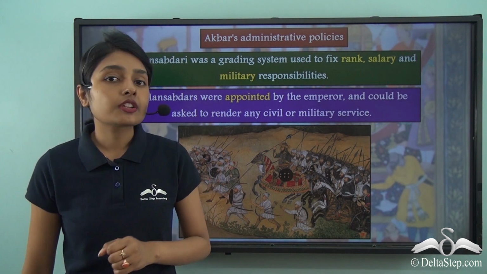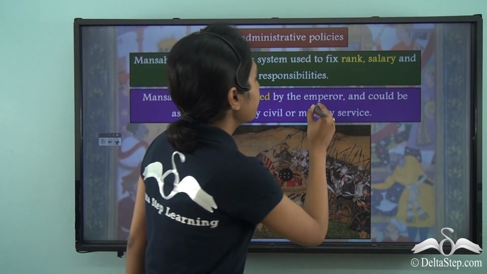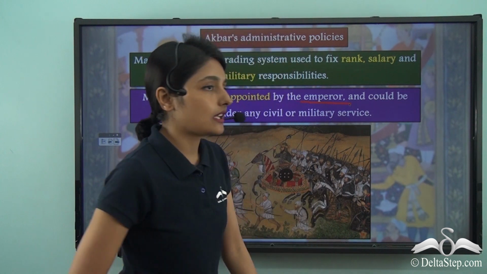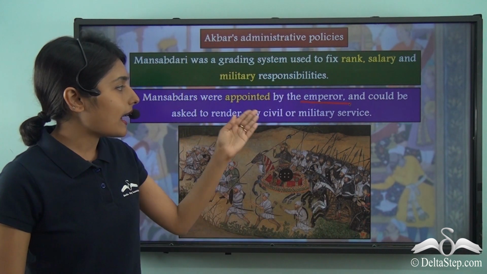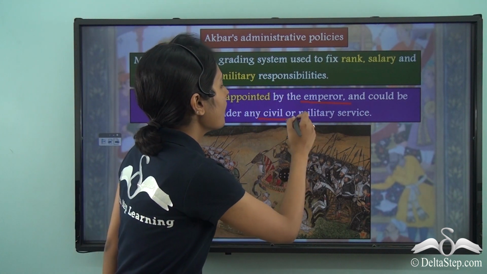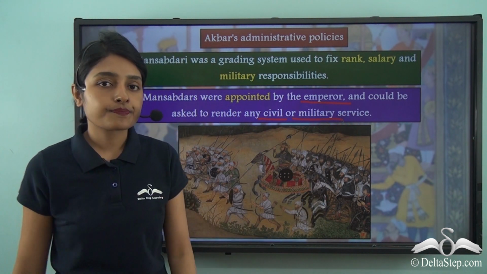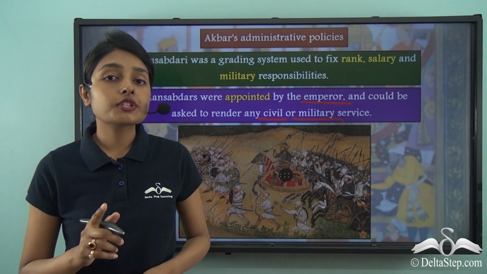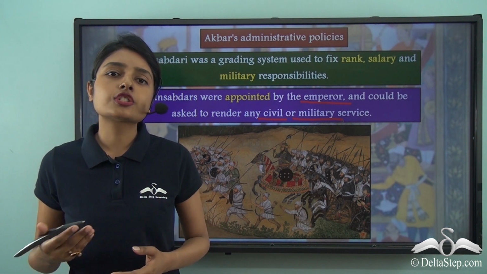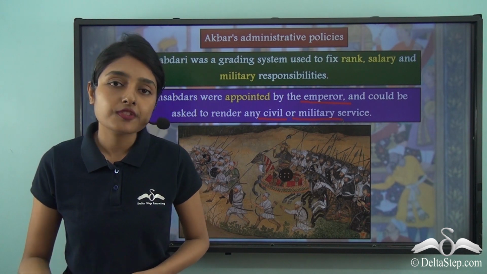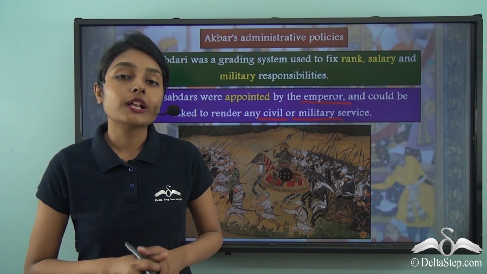The Mansabdars were appointed directly by the emperor himself, and these Mansabdars could be called for either civil or military services. The Mansabdars then had to render different kinds of services for the Mughal emperor.